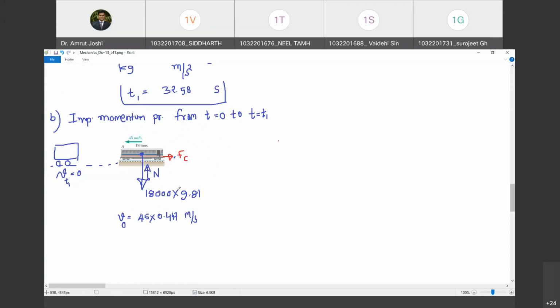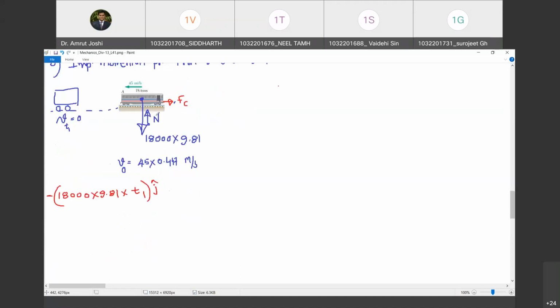Happy? Now tell me, how do I write the impulse momentum principle? What is the left hand side? I have to write down impulses of all the forces from time 0 to t1. So what is the impulse of the 18,000 force? It is 18,000 into 9.81 multiplied by t1. And it is in negative y direction, so I will have to attach minus j cap here.